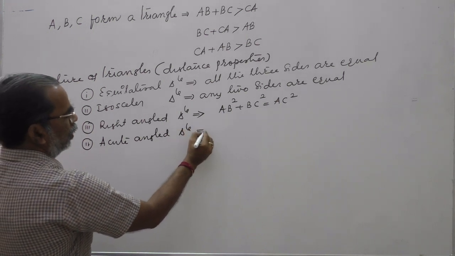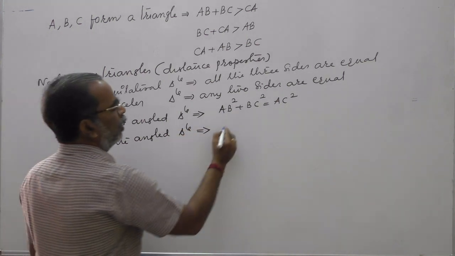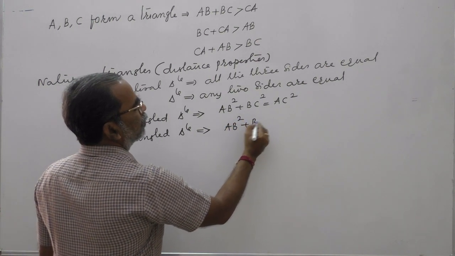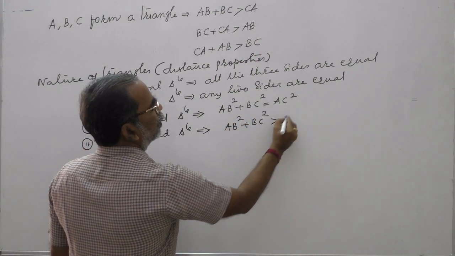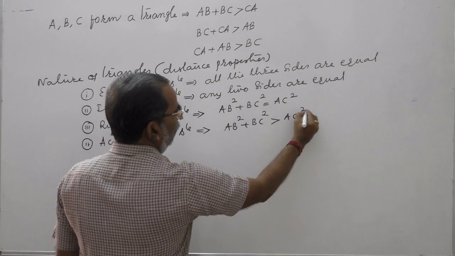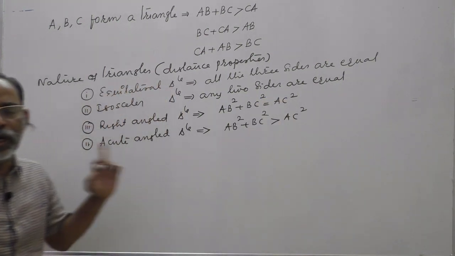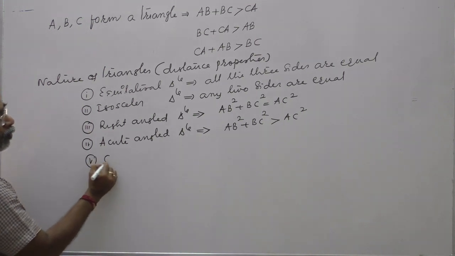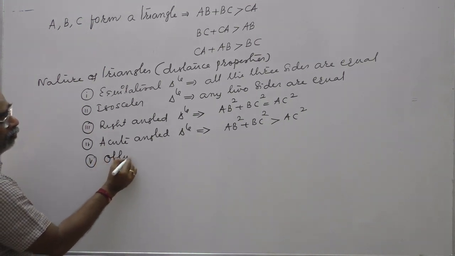Acute angle triangle. What is an acute angle triangle? If the sum of the squares of any two sides is greater than the square of the third side, then it is called an acute angle triangle. Next, obtuse angle triangle.